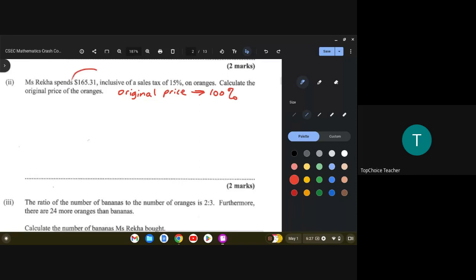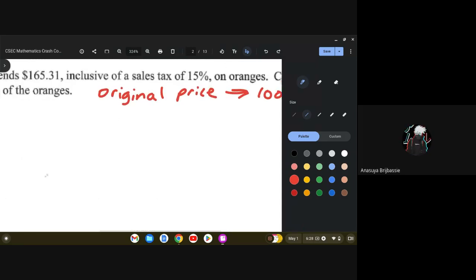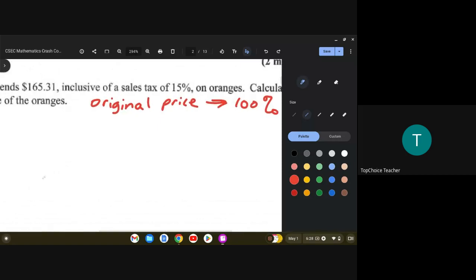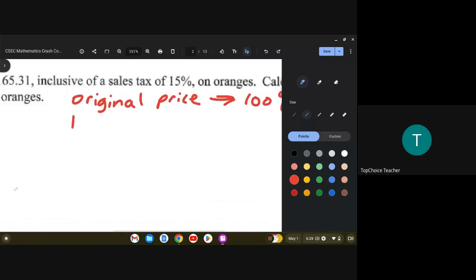Because this price is inclusive of a tax of 15%, what percentage do you think this $165.31 will represent? 115%. Very good. So this is the final price. I'm going to write final price for now.